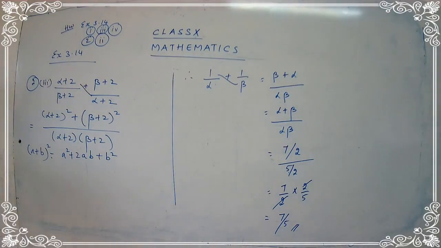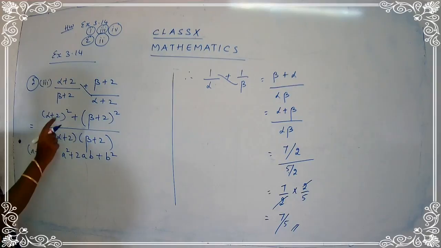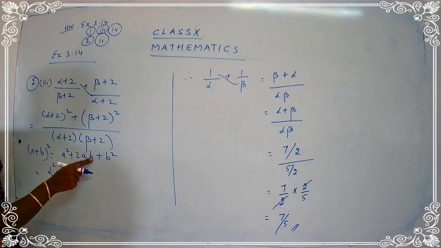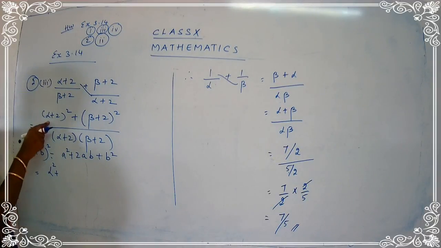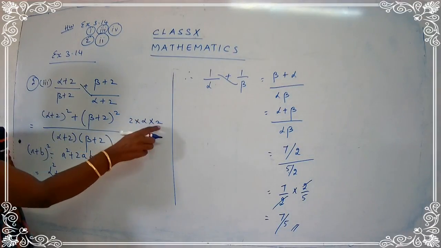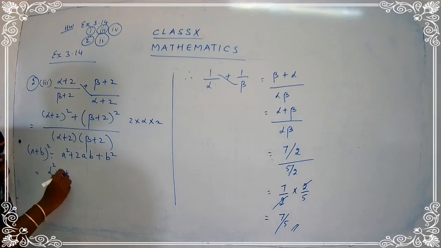Okay. Let's write down the expansion. So this is equal to a square. What is a, children? Alpha. And what is b? 2. So let me use the expansion. A square, alpha square, plus 2 into a into b, 2 into alpha into 2. 2 2s are 4. 4 into alpha, 4 alpha.